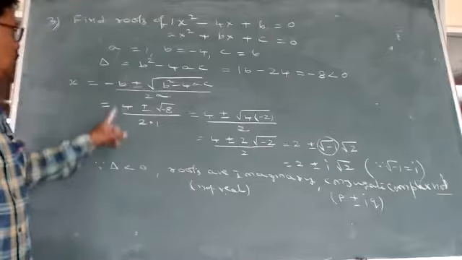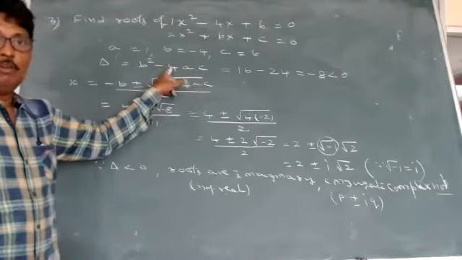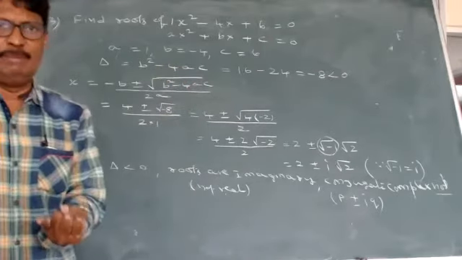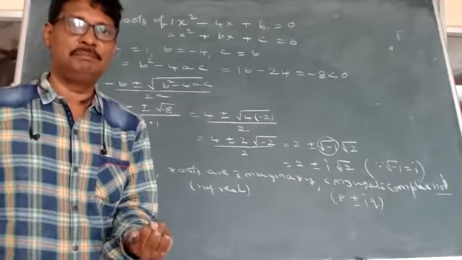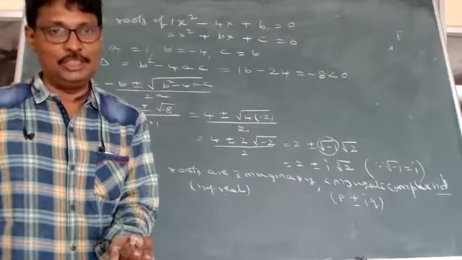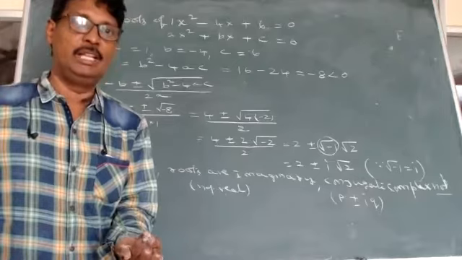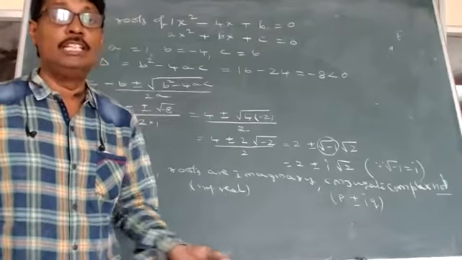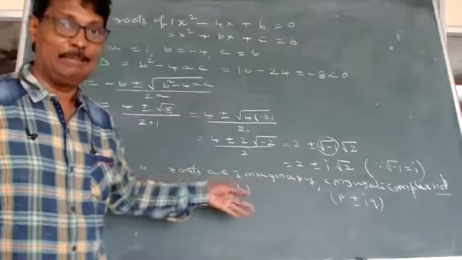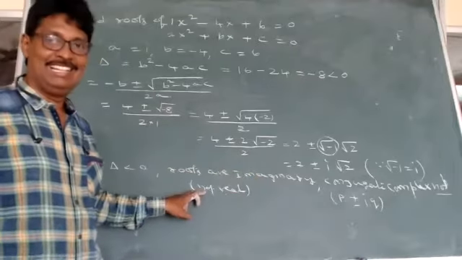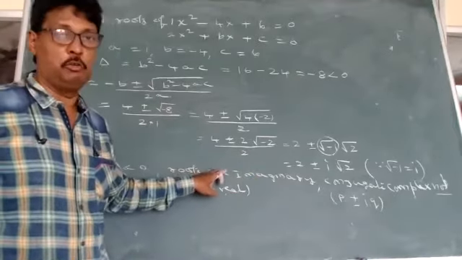Delta means b square minus 4ac. We can conclude: number 1, if delta equal to 0, the roots are real and equal. If delta greater than 0, the roots are real and distinct. If delta less than 0, the roots are not real. They are imaginary roots.